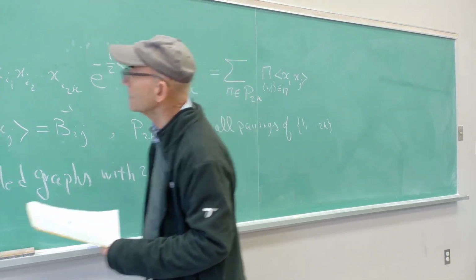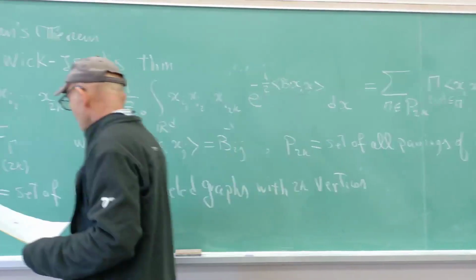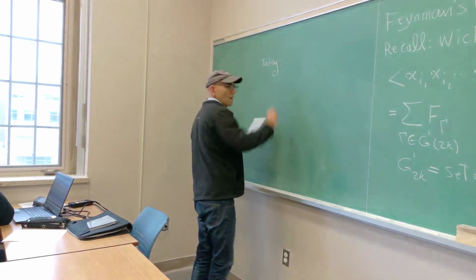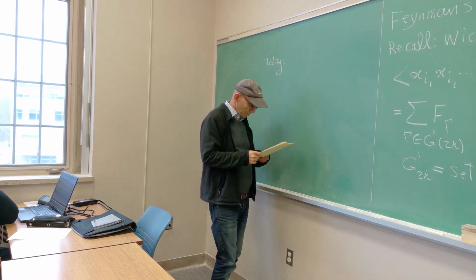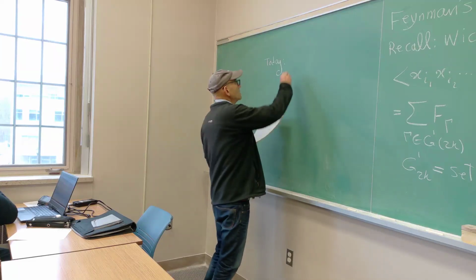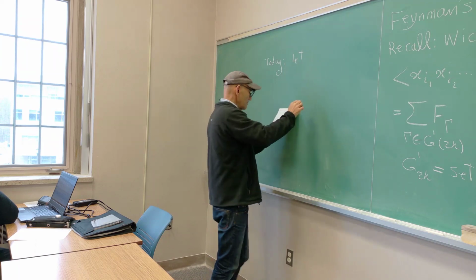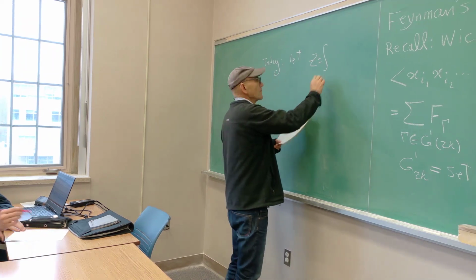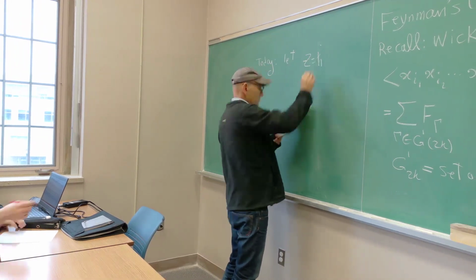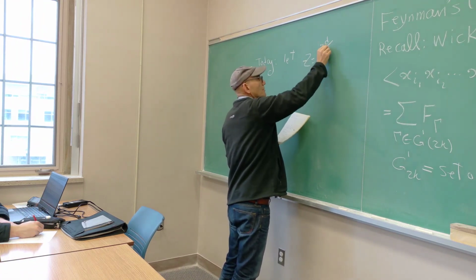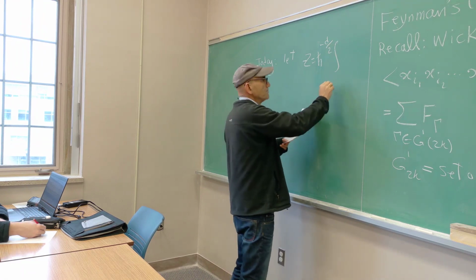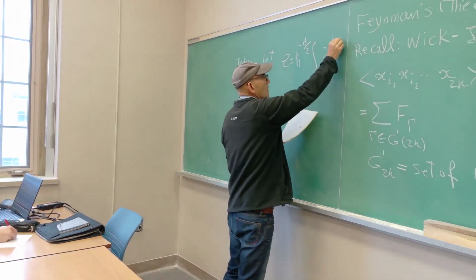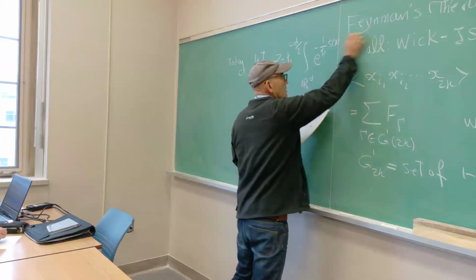So to set up the notation, today let Z be equal to, first of all, there is this normalization factor of h bar to the power negative d over 2, and then we have the integral over Rd of exponential of minus 1 over h bar S of x dx.